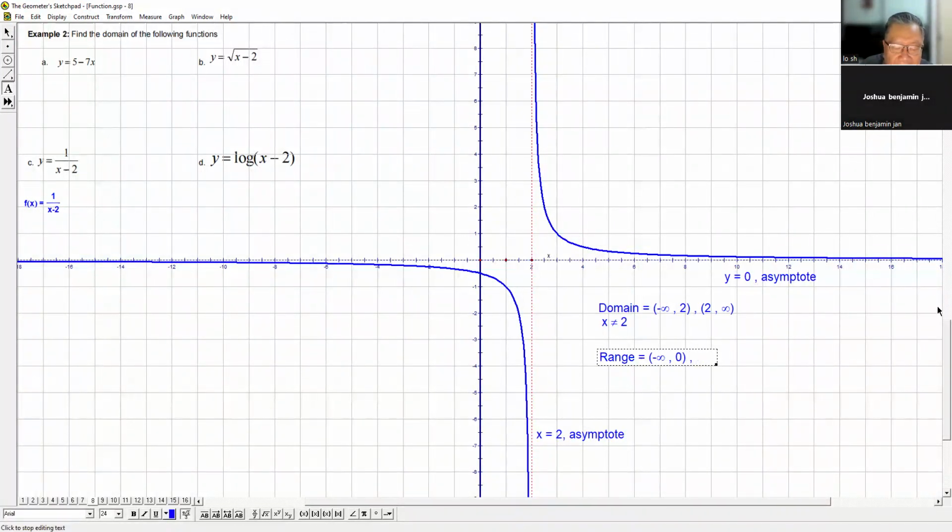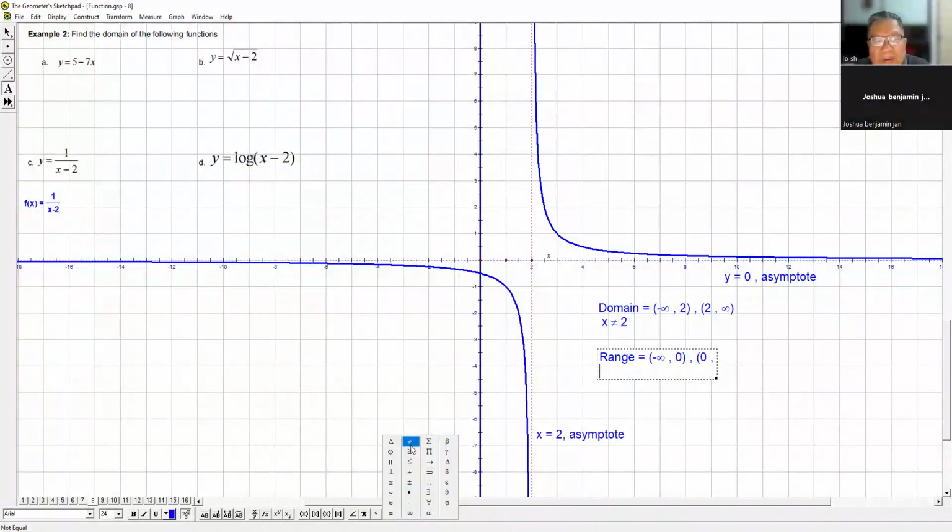And at the same time, on the other part here, they cannot take the value of 0. They start from very small values and go until infinity. So it's from 0 until infinity. That's why we have 2 parts.